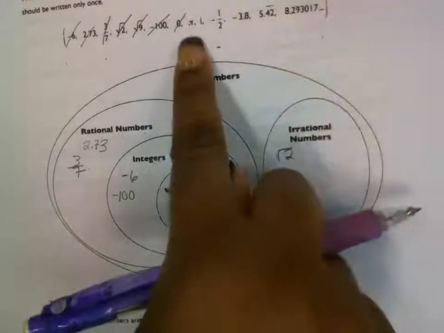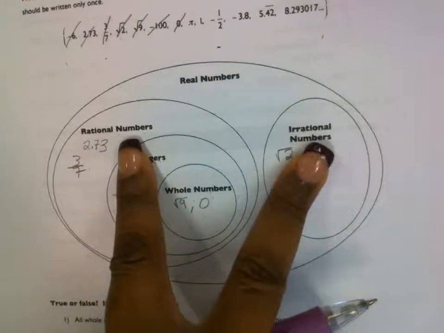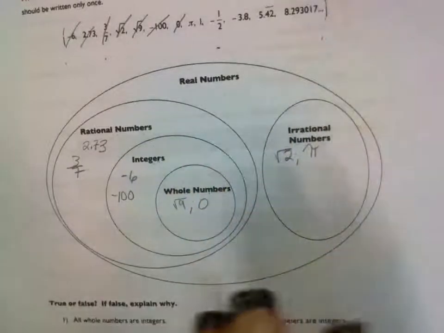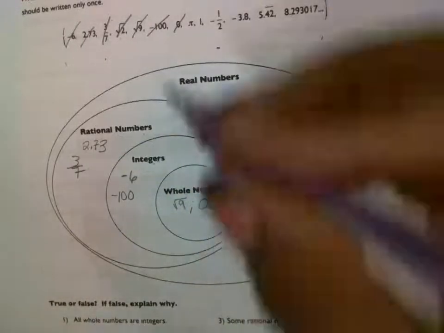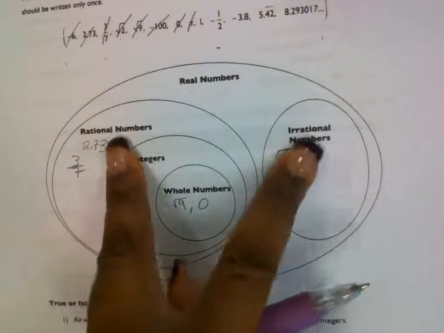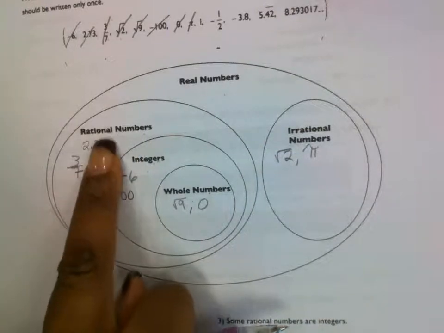Pi. Is pi rational or is it irrational? It's very irrational. Very good. And if it's irrational, that's all it can be, is real and irrational. Good job. Now we got 1. Is 1 rational or irrational? Very rational. Good job. You can write 1 as a fraction.